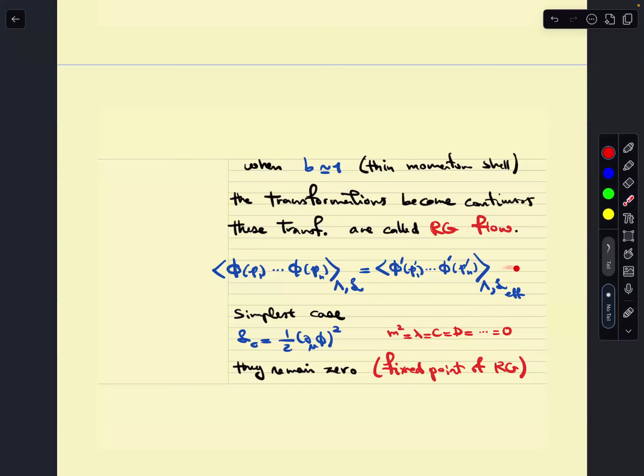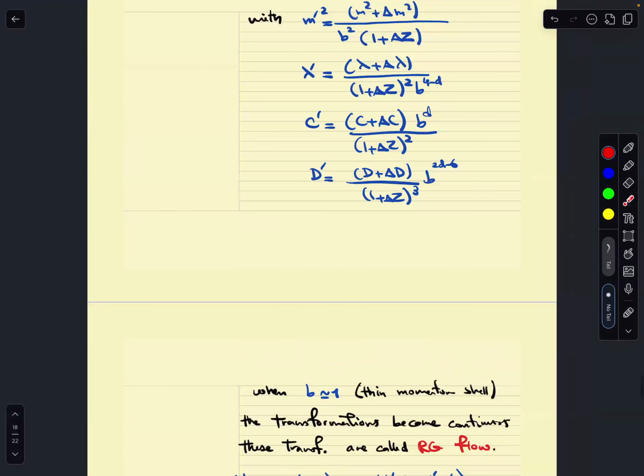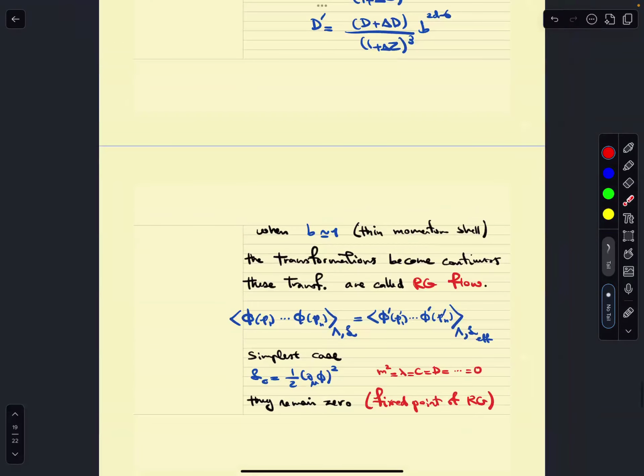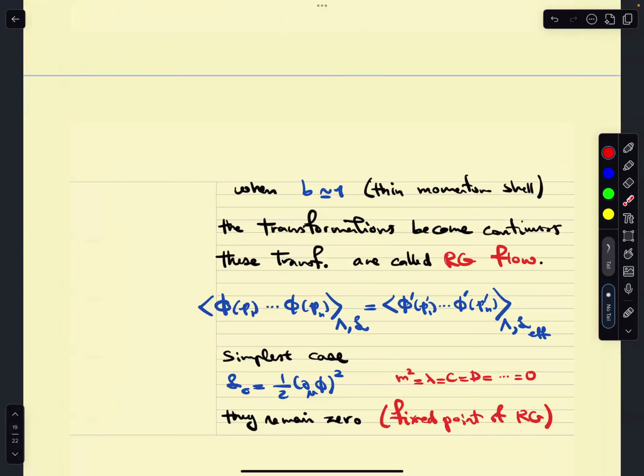Now, L effective has new couplings that are running as well. So this is called renormalization group flow. Before I talk about the examples, this is the key equation.